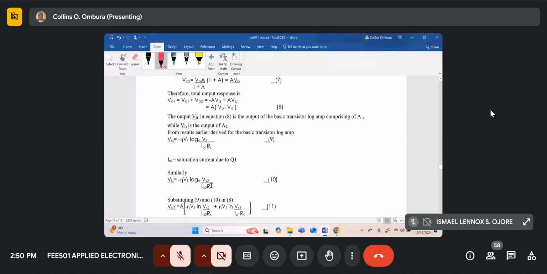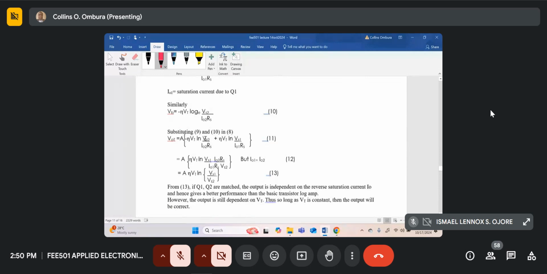Now, let's substitute these results in 8. This is equation 8, which was giving us our total response. So if you substitute in 8, you get V naught total is equal to A into brackets VB minus VA. But VB is equation 10, VA is equation 9.